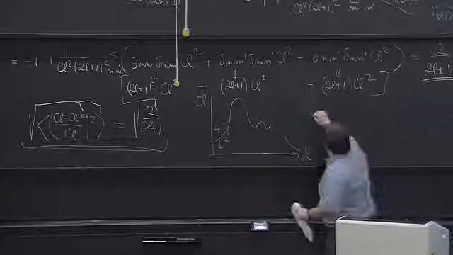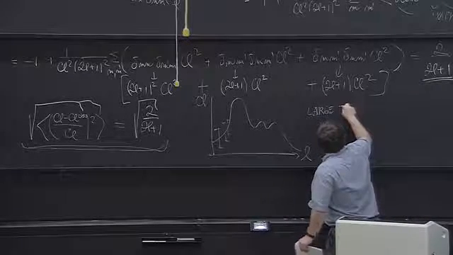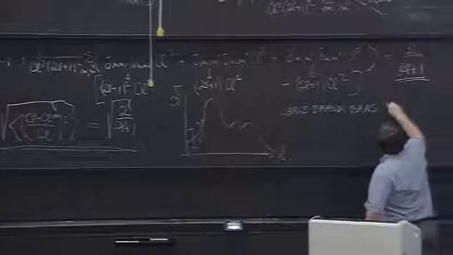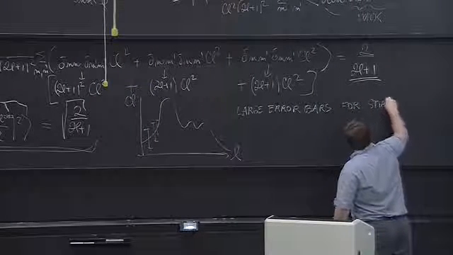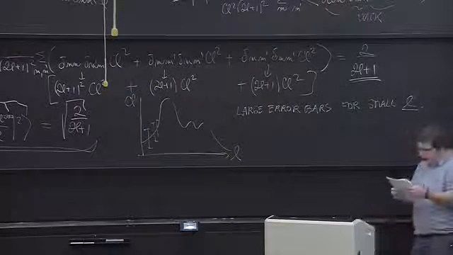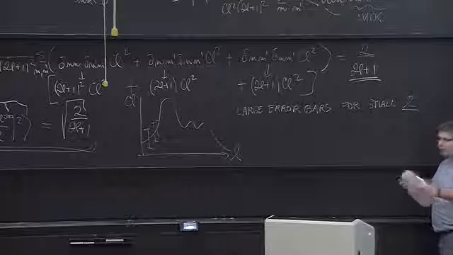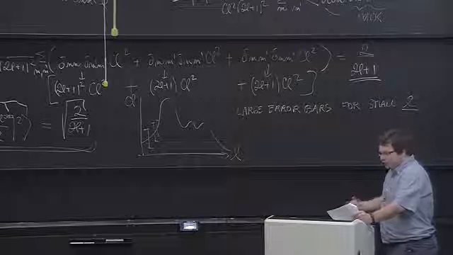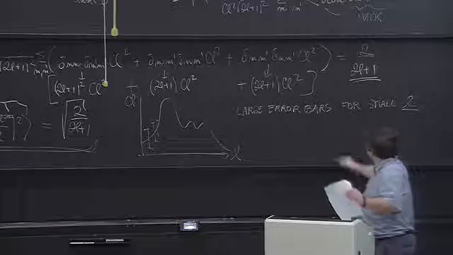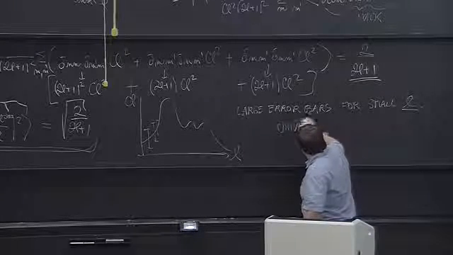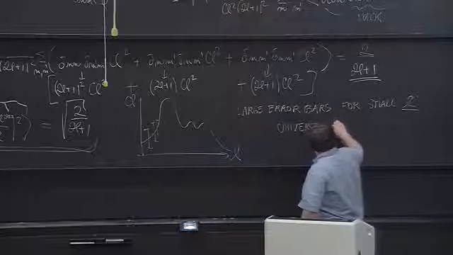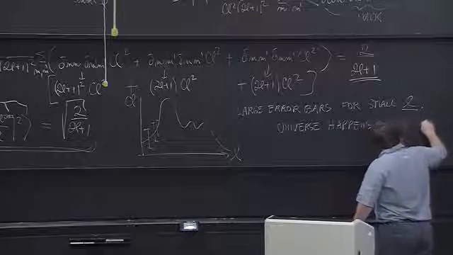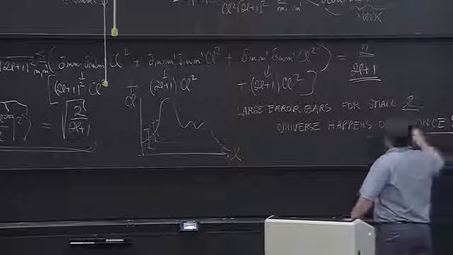So we have large error bars for small l. Okay, and basically, it's an irreducible uncertainty in what you can know about the structure of the universe. So universe happens only once. So now this is a completely exceptional thing in physics, right?